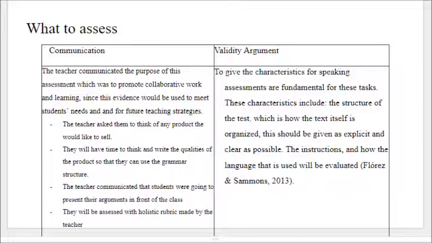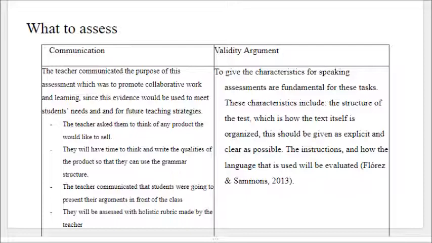Students had time to think and write the qualities of the product so that they could use the grammar structure, which was about comparatives and superlatives. The teacher also communicated that the students were going to present their arguments in front of the class.